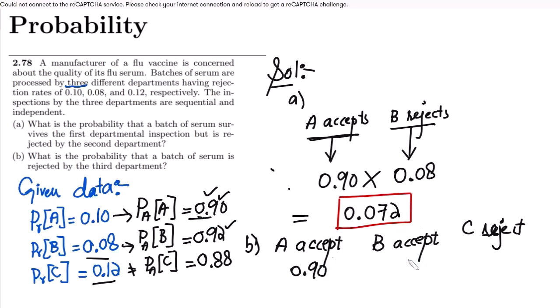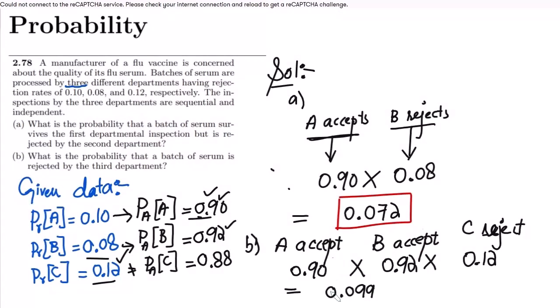The acceptance probability of B is 0.92, while the rejection probability of C is given, and that is 0.12. So now we have to multiply them together, and after multiplying, I will get 0.099.